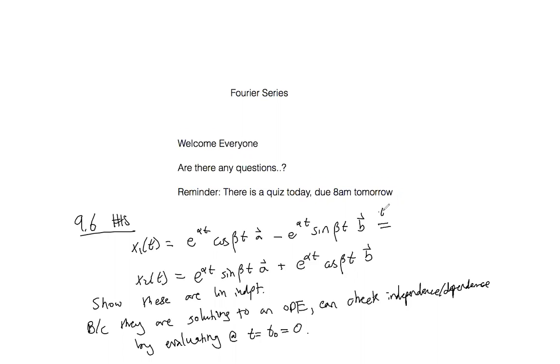So at t equals 0, for example, this becomes A, and this one becomes B. Okay, so yeah, I guess A and B. So if A and B are linearly independent, then x1 and x2 will be linearly independent.